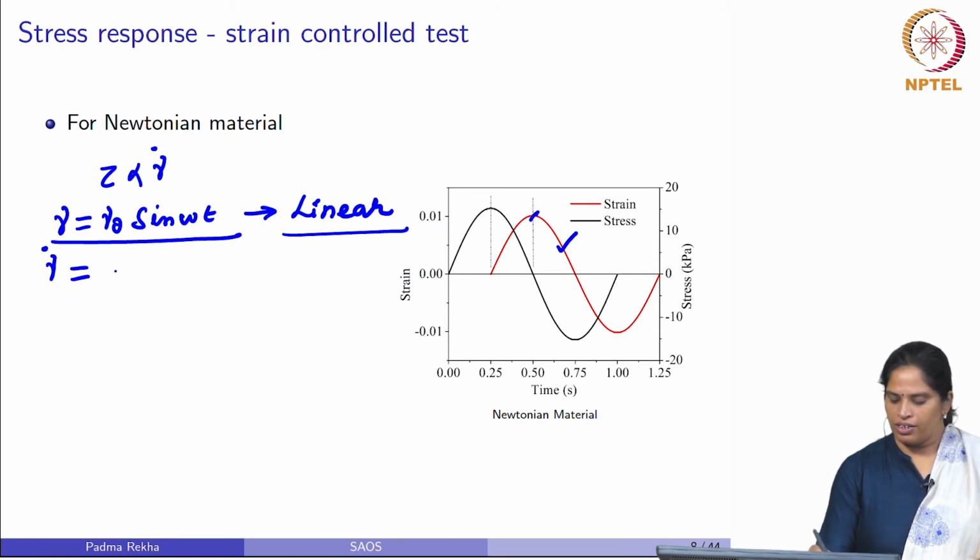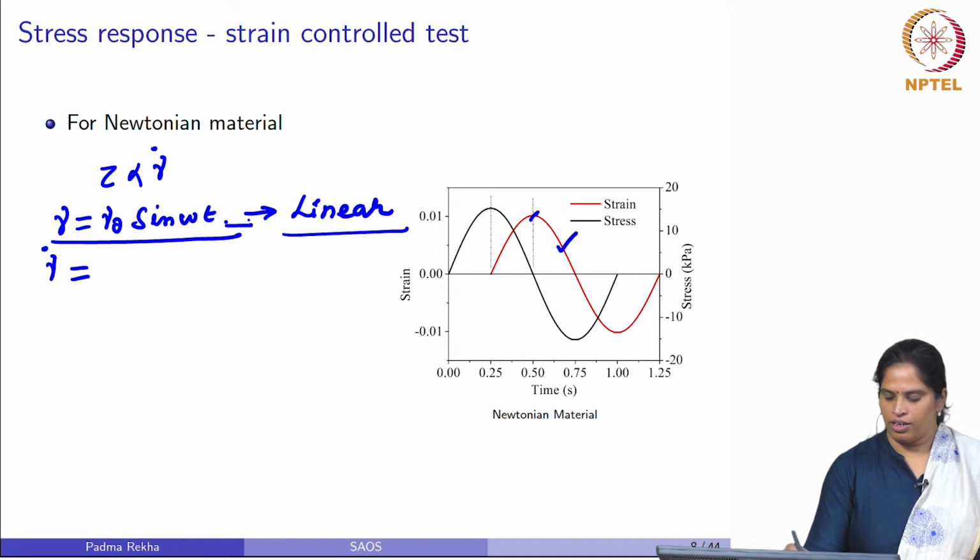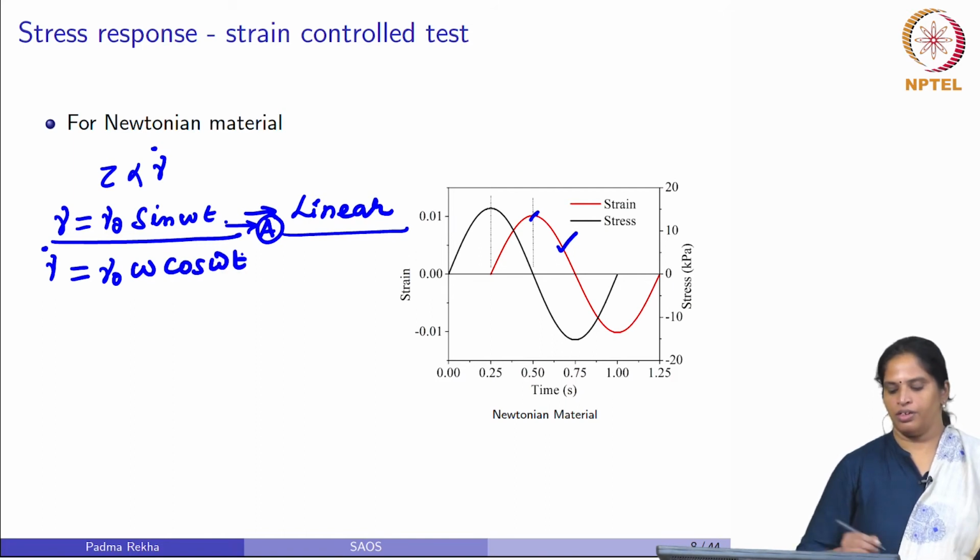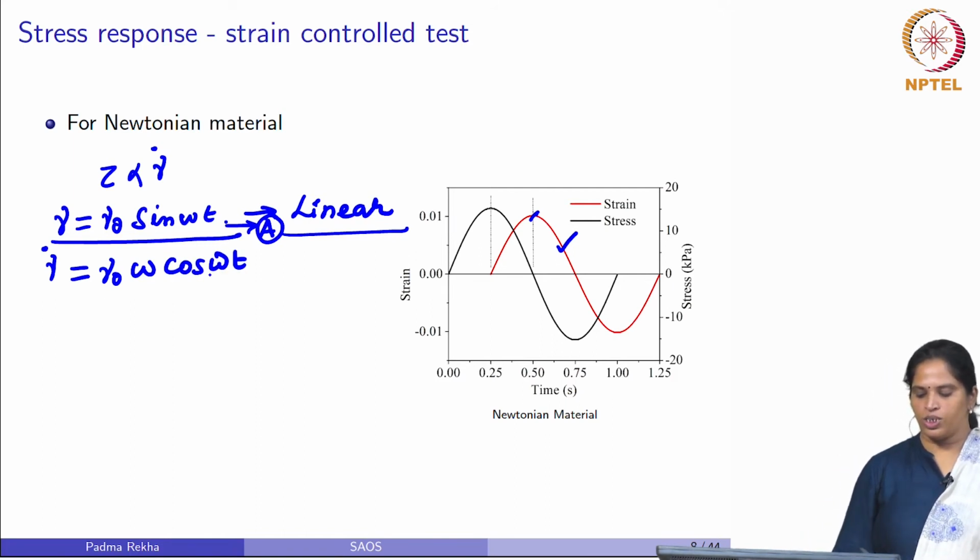So, the gamma value, especially the peak value here, is very small, so that the response is linear. So, gamma dot, if you differentiate this expression, which we call expression A, or do a partial derivative, you will get gamma naught omega cos omega t. So, gamma dot is a cos function.